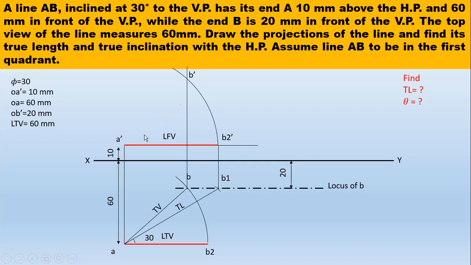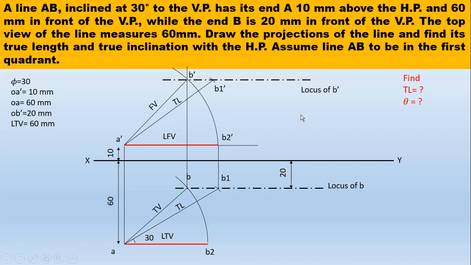Join a dash b dash, so that will give you the front view, and the intersection point will give you the locus of b dash. Now you have locus of b dash and you have true length in top view. So with a b1 as a radius and a dash as a center, make an arc on locus of b dash. That will give you true length in front view, right?